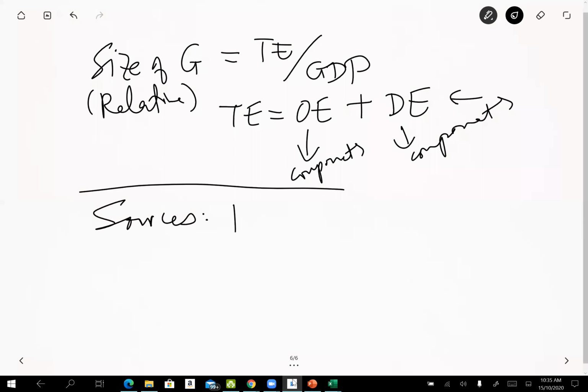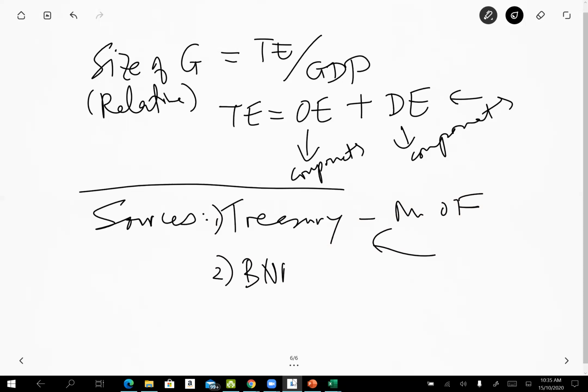So for the sources, you can go to the Treasury, the Ministry of Finance, Malaysia. You have the data, the source, and then you can go to Bank Negara Malaysia, our central bank, BNM.